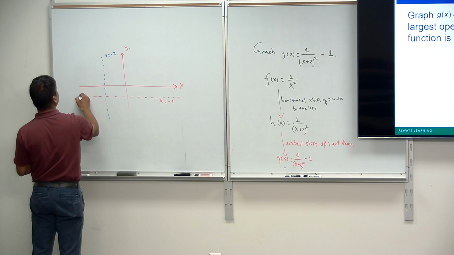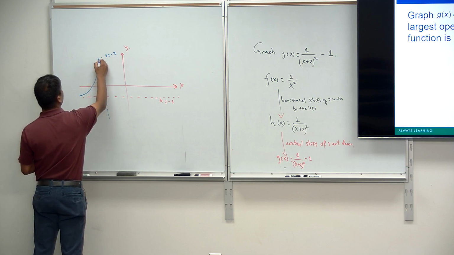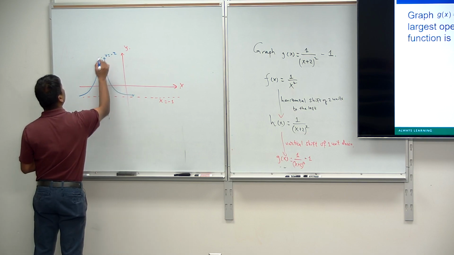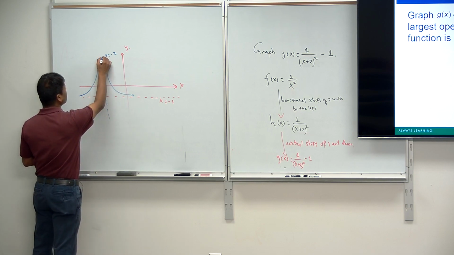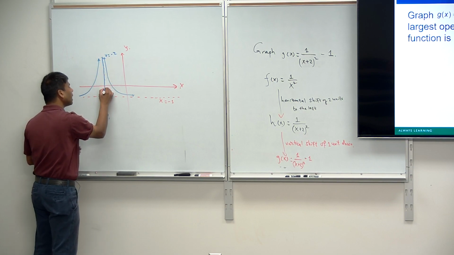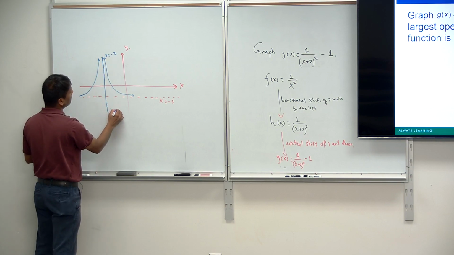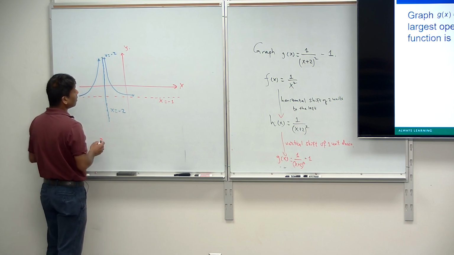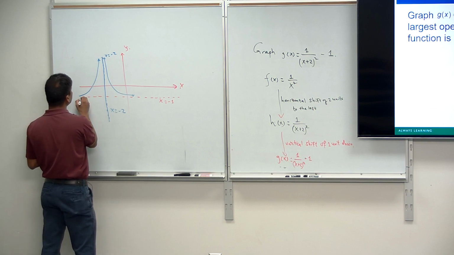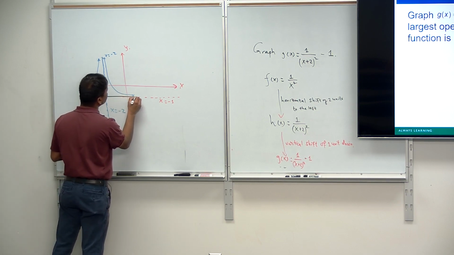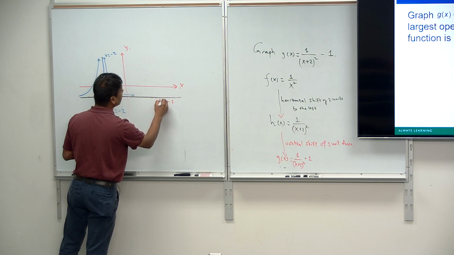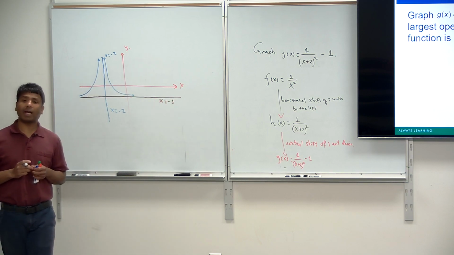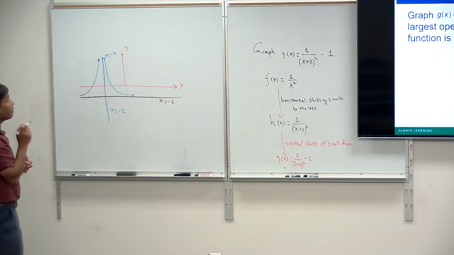And then you will have a graph like this. This is the line x equal to negative 2, and this is the line x equal to negative 1. See that?